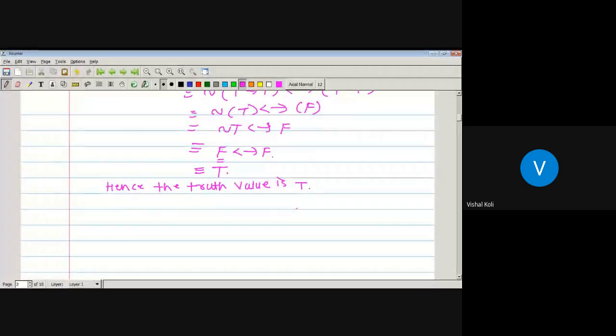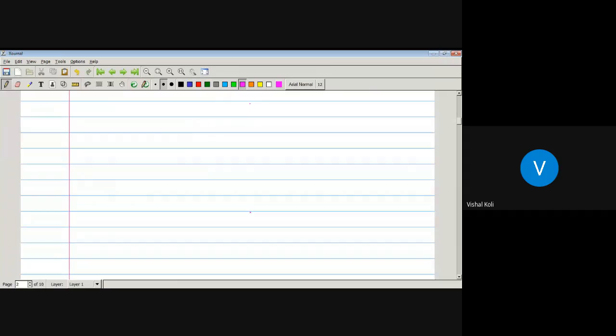Now the next example will be third. Write the negations of the following.